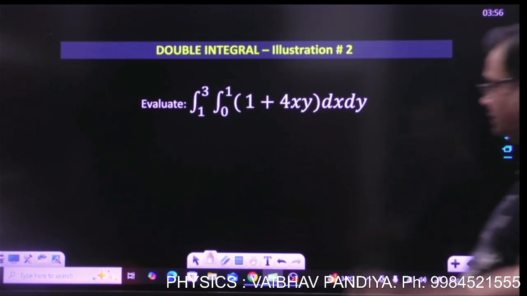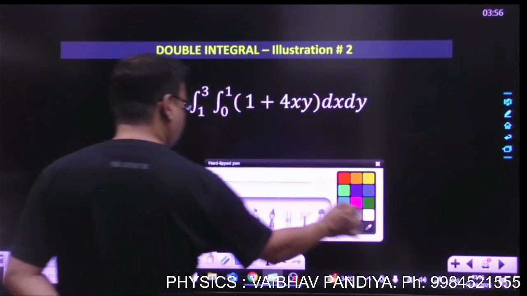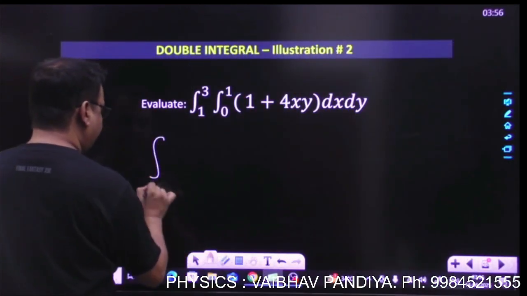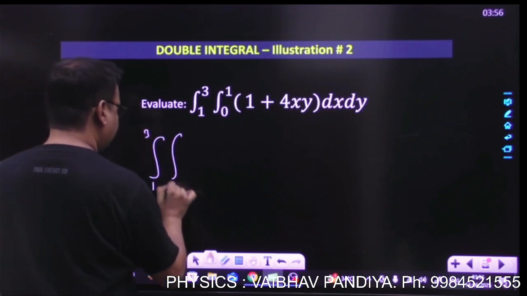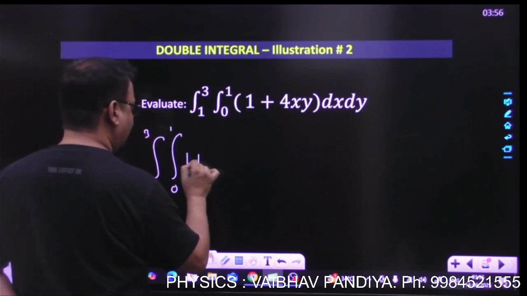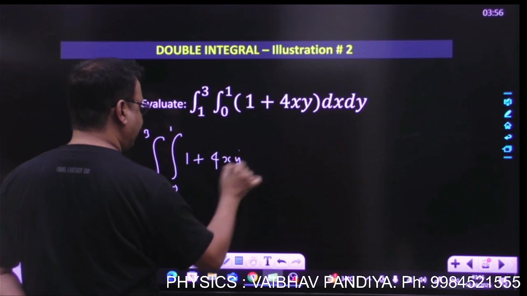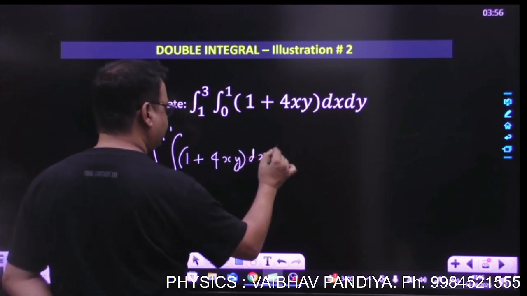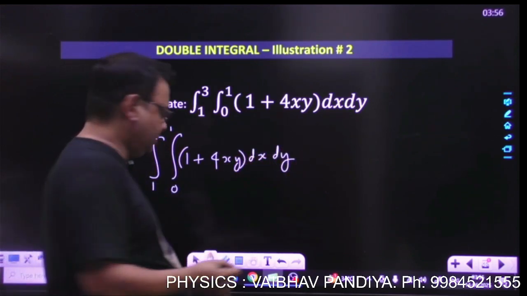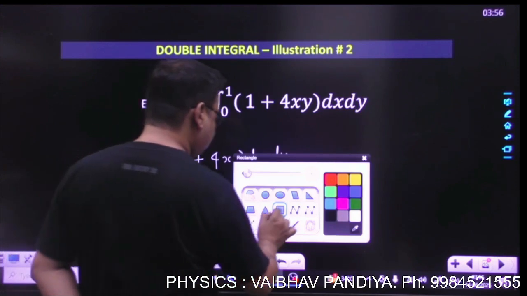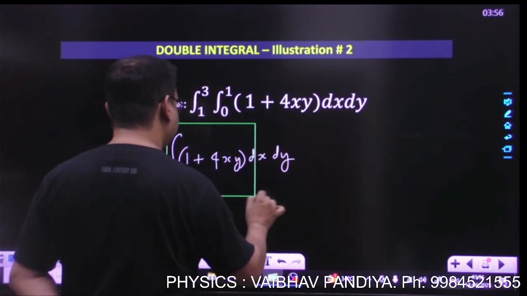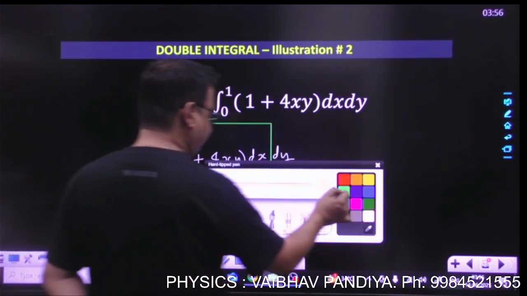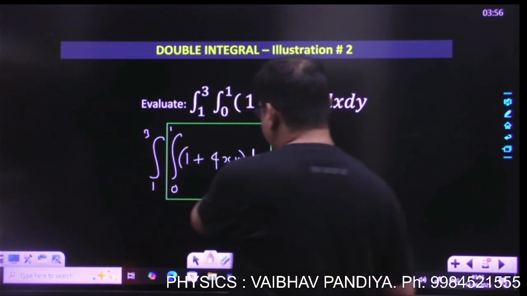Okay, now let's see another illustration. We have integral 1 to 3, 0 to 1, 1 plus 4 xy dx dy, correct? Now we will start with the inner integral. We'll go for this integral first, and this integral is being done with respect to x.